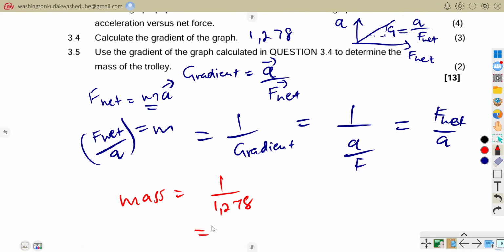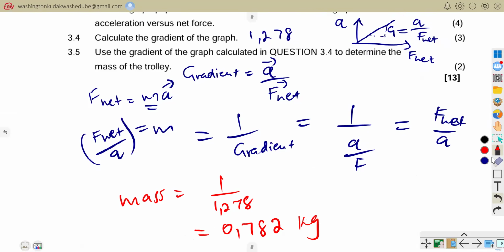If that is the case, now let's find out what becomes our mass. 1 divided by 1.278 becomes 0.782 kgs. That becomes our mass.